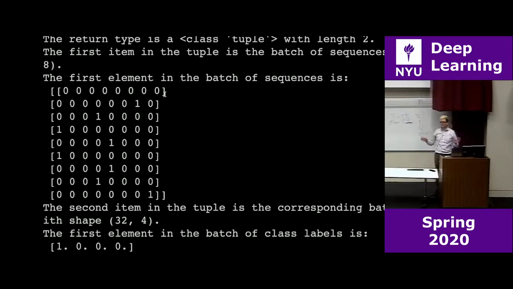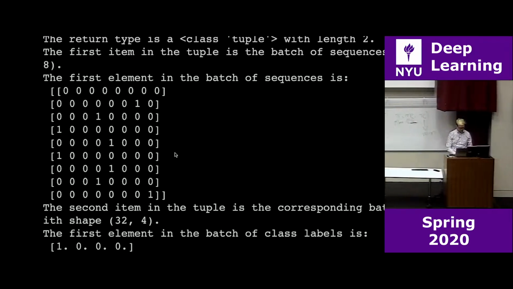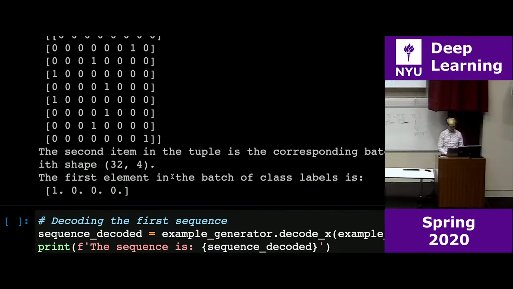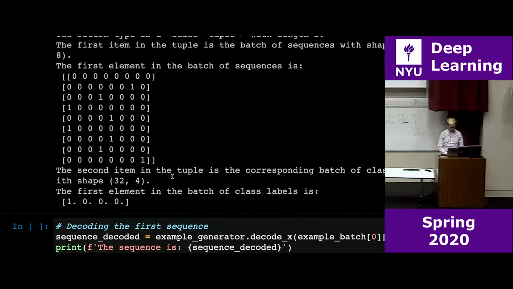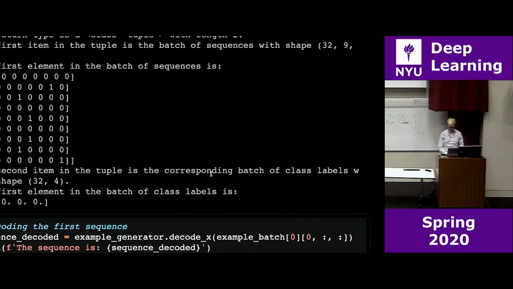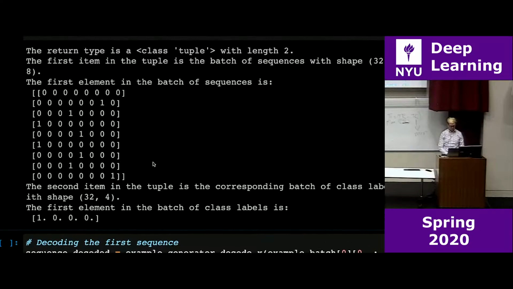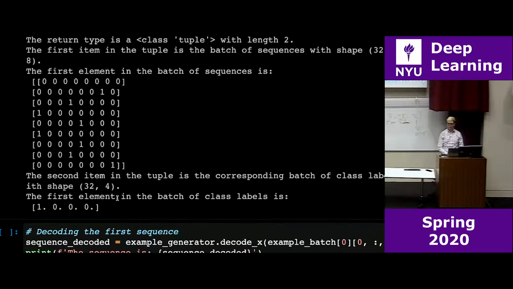In this case, the sequence was shorter than the maximum sequence in the batch, so the first sequence has extra zero items at the beginning. The second item of the tuple is the corresponding batch class. For example, I have a batch size of 32, and then I'm going to have an output size of 4. Why is it 4?